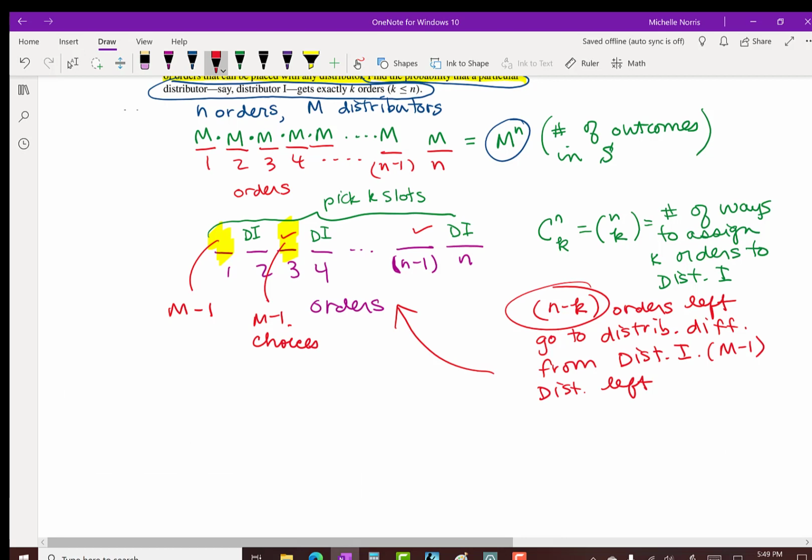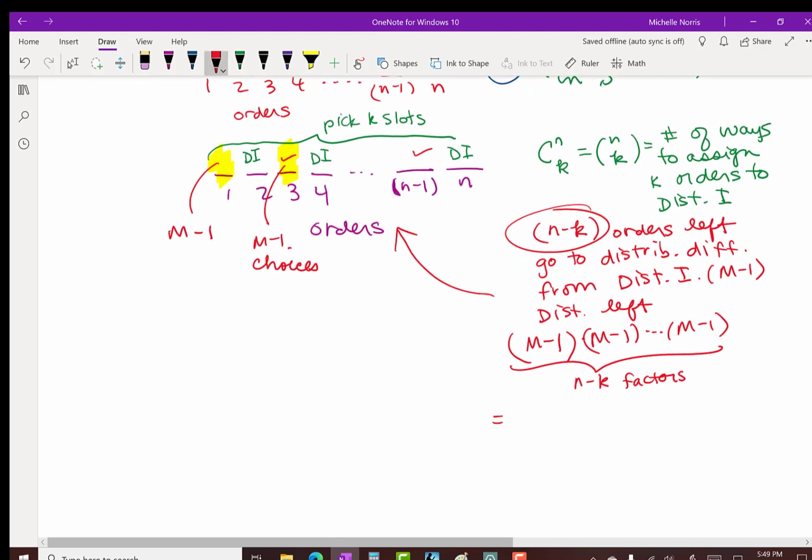That's the number of ways we can assign the N minus K orders to someone other than distributor 1, so that's M minus 1 to the N minus K.